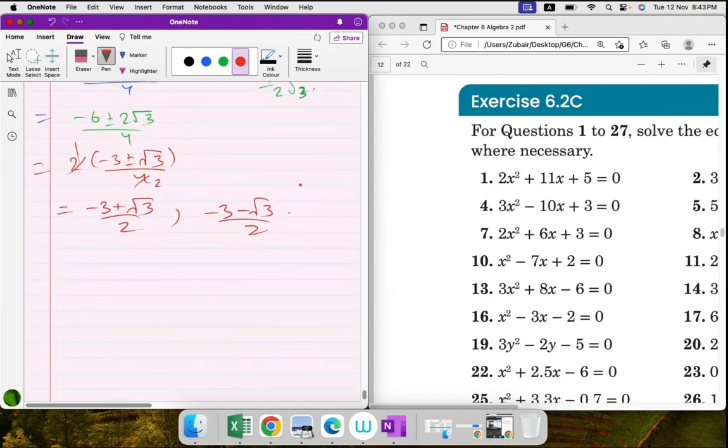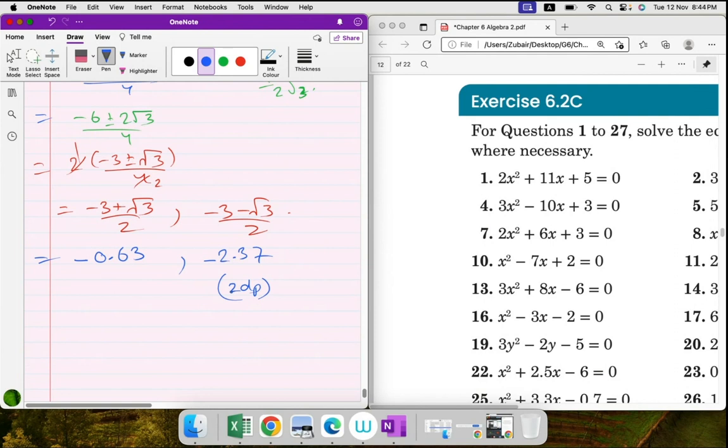Yes, sir. And let's do these same questions in decimals as well. With the positive one, I'm getting up to 2 decimal places 0.63, and the other with the negative sign, I'm getting negative 2.37 up to 2 decimal places.